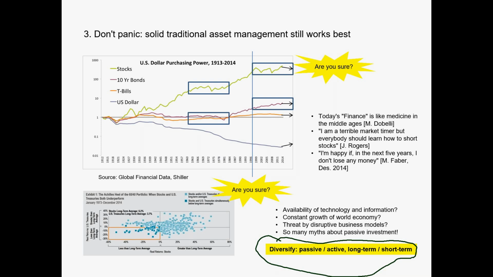And I think that there are really a lot of myths about passive investment, so I would really recommend everybody to take a look also at short-term diversification. You know, I really like this concept down here, Michael, with the aspect of diversification being both a passive and an active approach, correct?